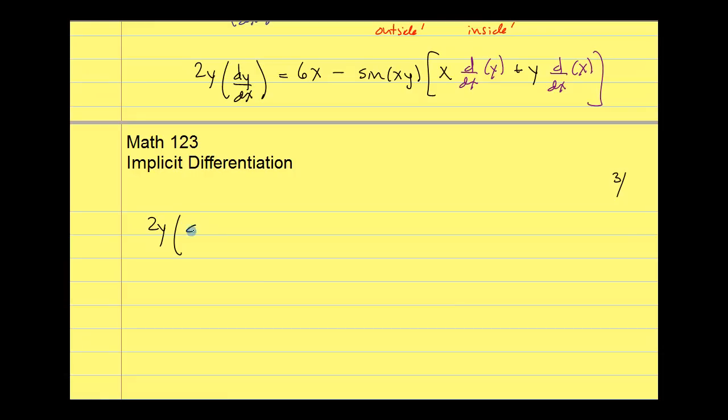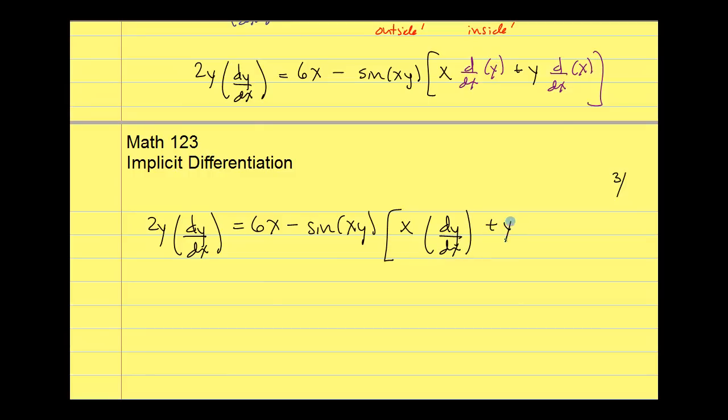So I have 2y dy/dx equals 6x minus sine xy, big brackets, x times the derivative of y with respect to x, which is just dy/dx, plus y times the derivative of x, which is 1.